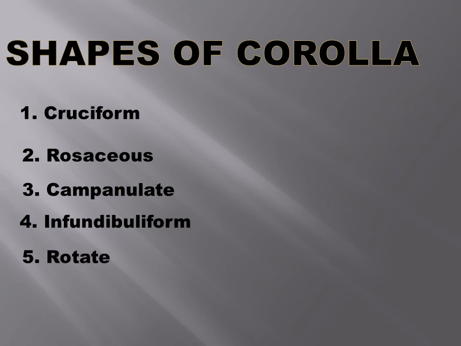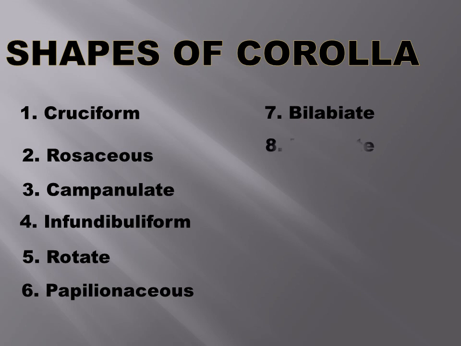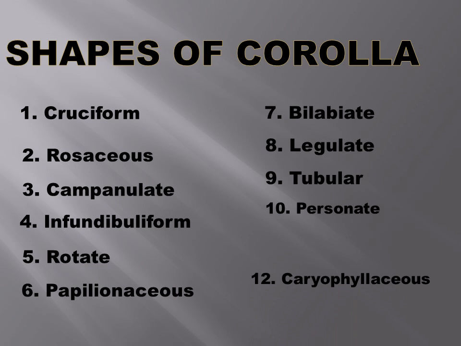The fifth one is rotate. Papilionaceous is the sixth shape of the corolla. The seventh one is bilabiate. The eighth is ligulate. The next shape is tubular. Then personate, then caryophyllaceous and urceolate.